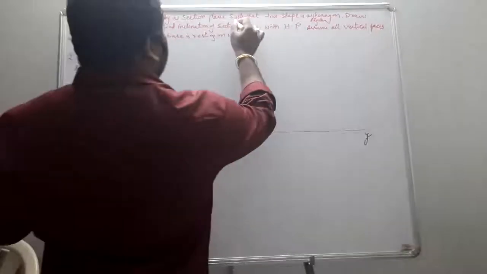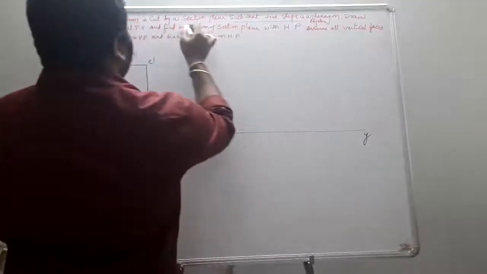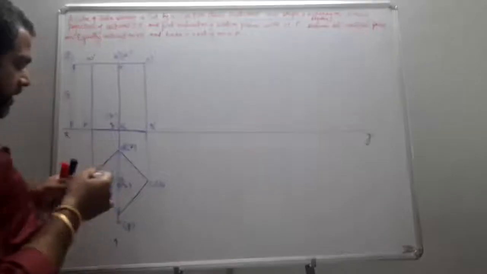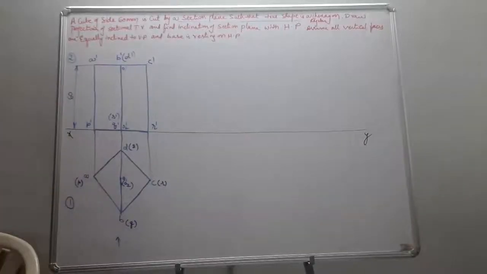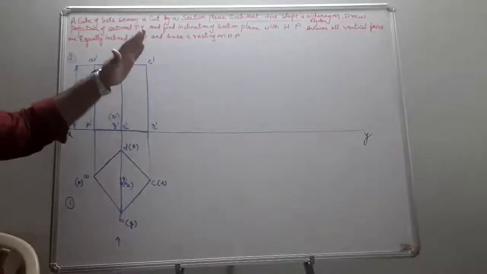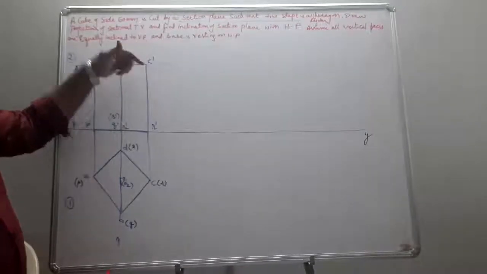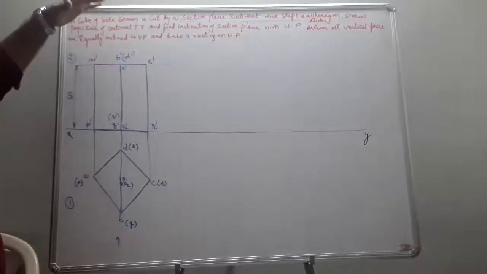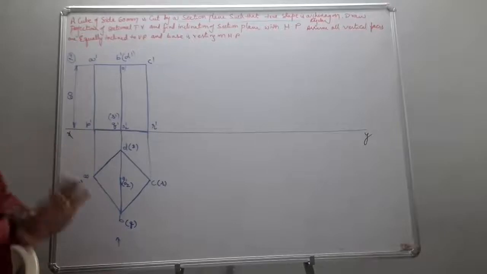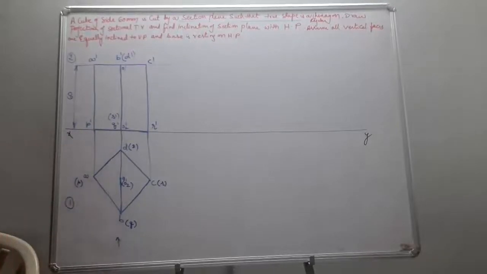We know that if your cutting plane cuts the solid in this pattern, then when you see from the top, it should appear as a hexagon. Then you simply take these as the points.